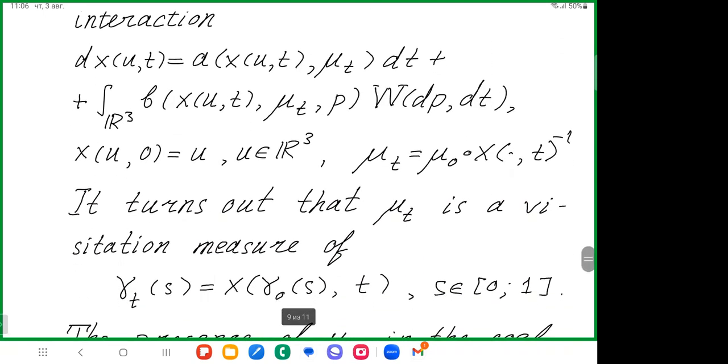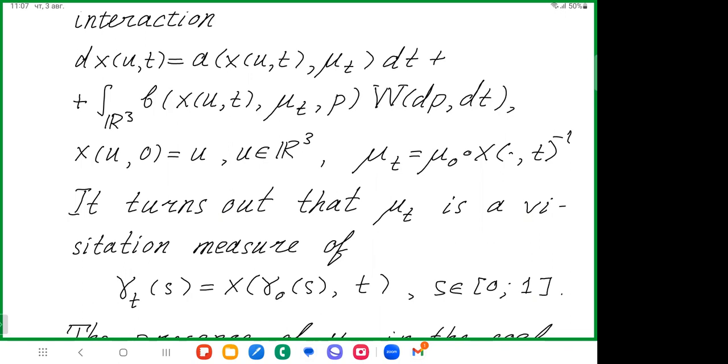It turns out that in this case, if we define mu t in this way, then mu t becomes the visitation measure of gamma t, by our law. It's natural and it is easy to check. So in this way, we can describe the motion of the curve just by putting as initial measure the visitation measure of this curve.